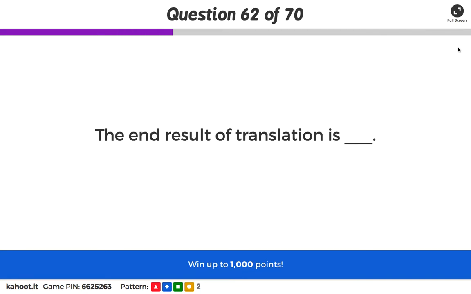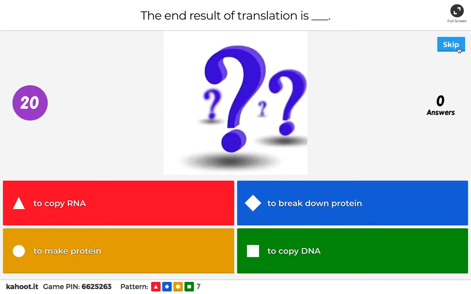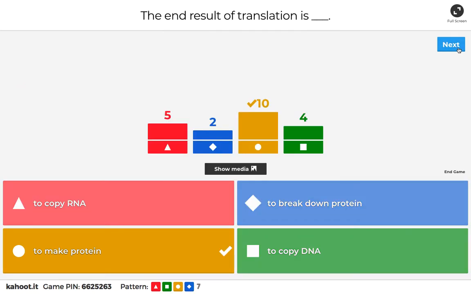What is the end result of translation? It is to make a protein. Are y'all good?